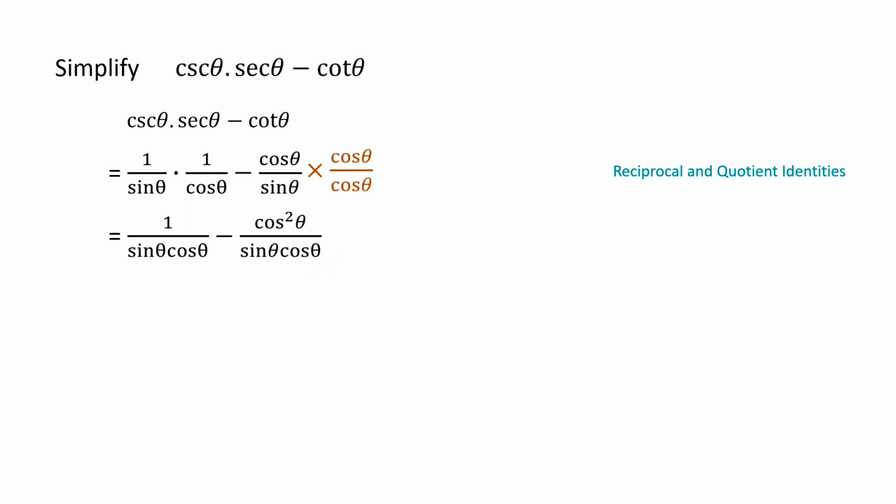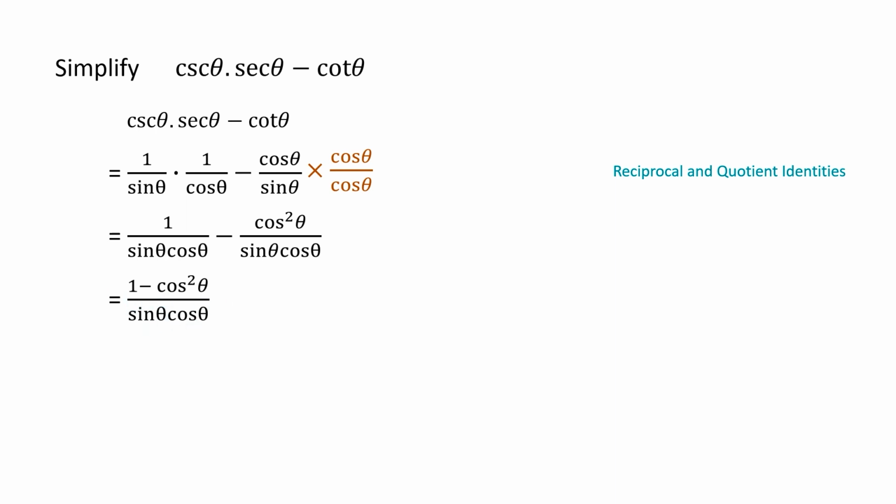Next, if you look at the two fractions that we have now, the denominators are same. And hence, we can just combine the numerators together because they are like fractions. So, we have 1 minus cos square theta in the numerator divided by sine theta cos theta.